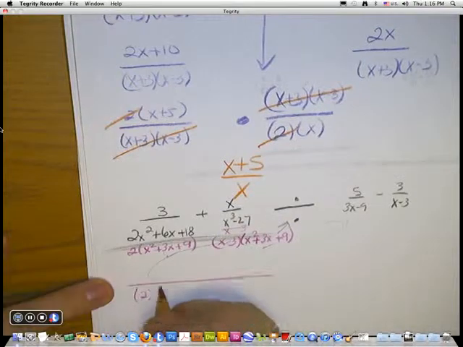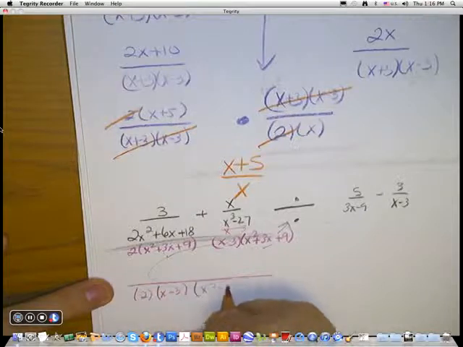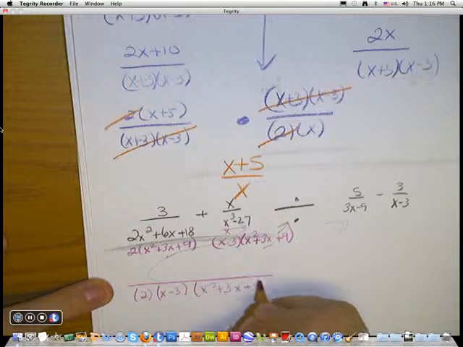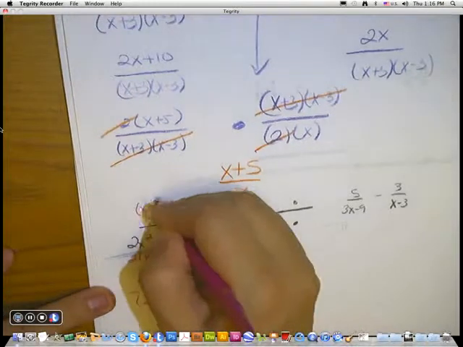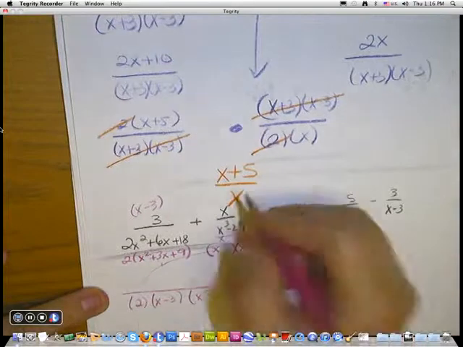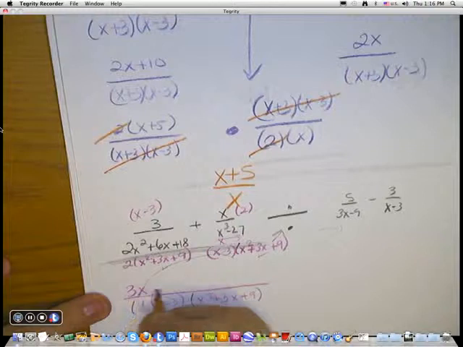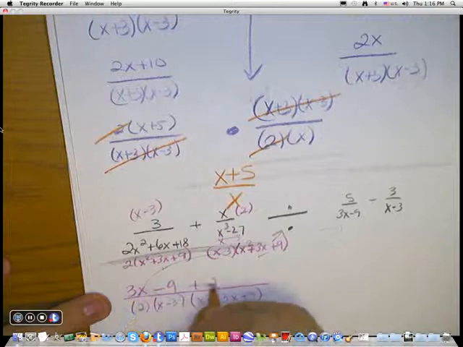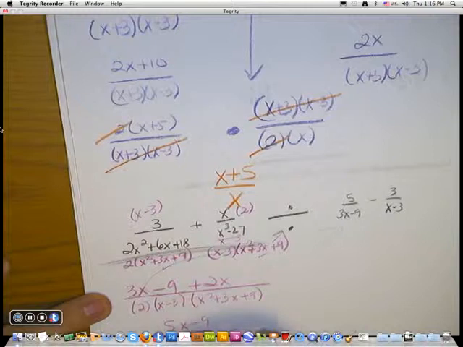So the common denominator is 2, x minus 3, x squared plus 3x plus 9. Now on this first one, it's missing the x minus 3. And on the second one, it's missing the 2. So we're going to get 3x minus 9 plus 2x for a total of 5x minus 9 all over that common denominator.